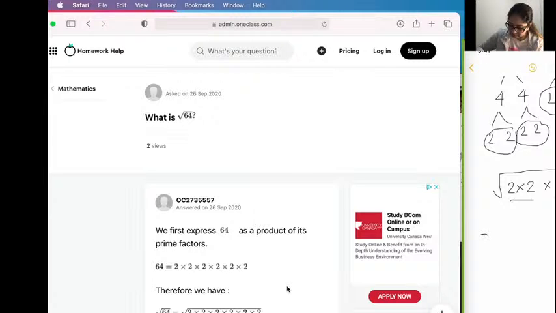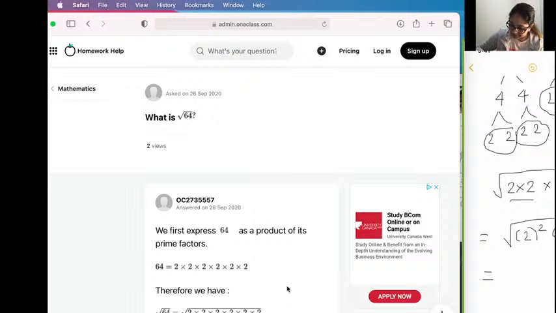So we can rewrite this as 2 squared, 2 squared, 2 squared. And so ultimately, if we have a square under a square root, this basically just cancels out because of the inverse.